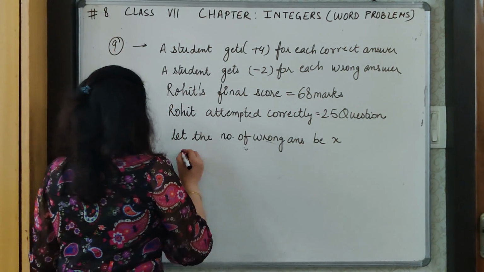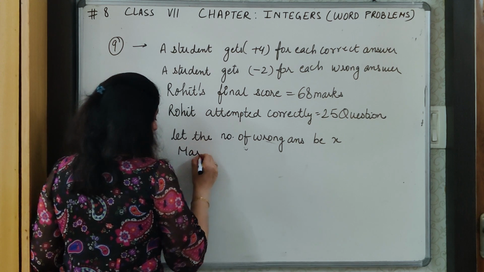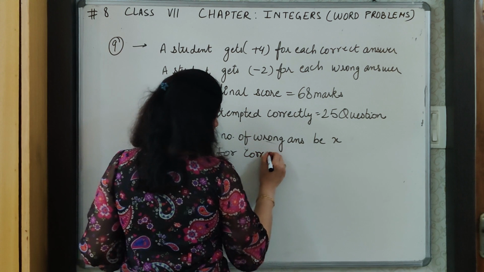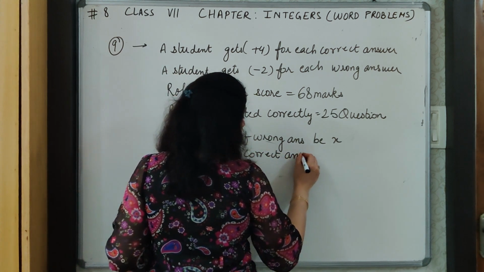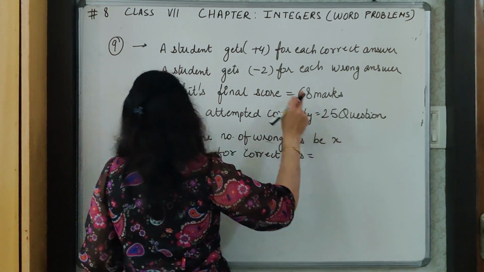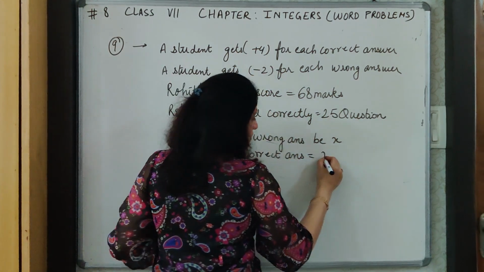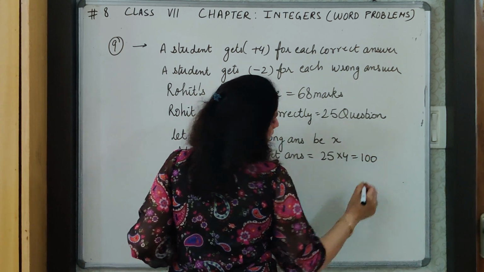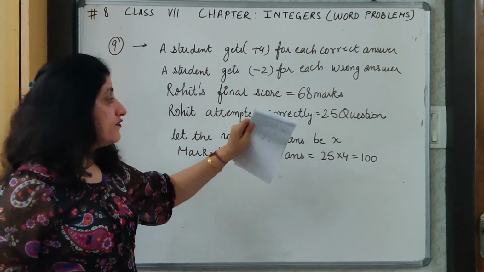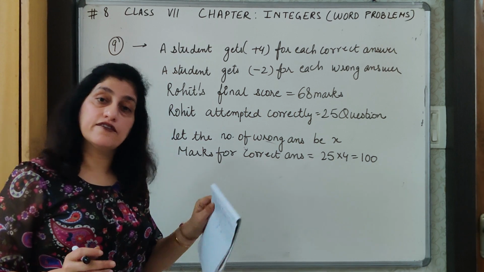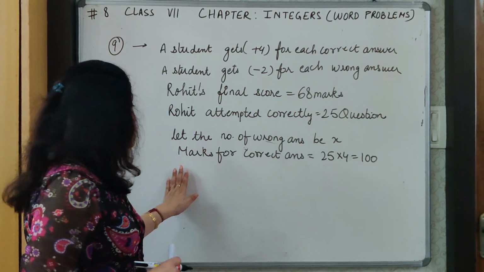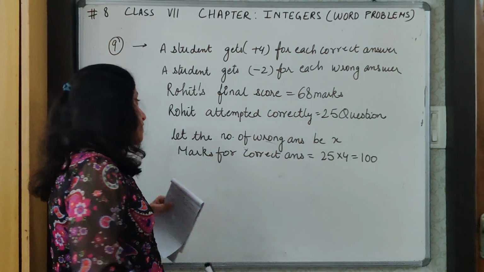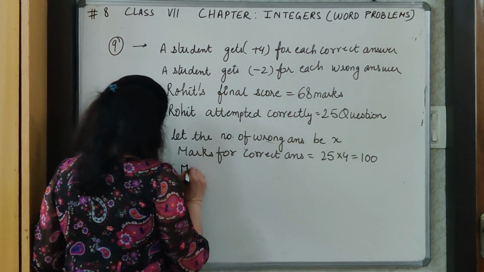Then marks for correct answers: how many marks is he going to get for correct answers? 25 questions, 4 marks each, will be 25 into 4 is equal to 100. If he has attempted 25 answers correctly and gets 4 marks for each question, he should get 100 marks for correct answers.